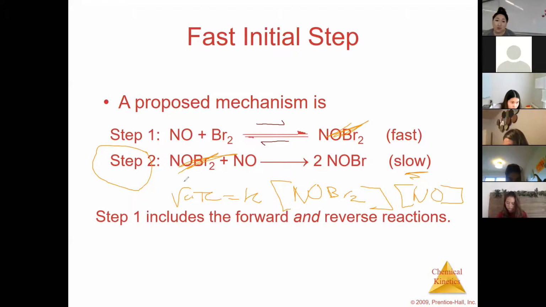It got consumed in that second step. So we're going to do a little substitution. And that's what our worksheet's going to look like, writing these rate laws off your slowest step, and it's always your reactants. But if something shows up in your slowest step that gets canceled out, we're going to have to do a few extra steps.